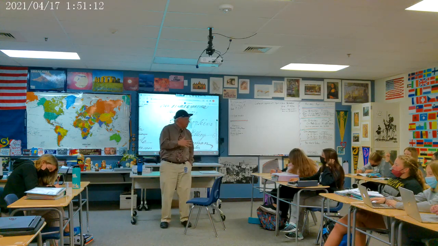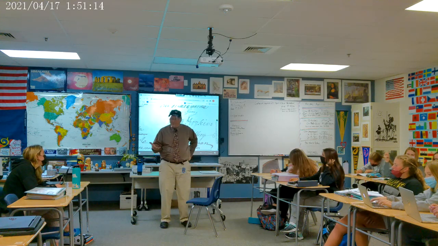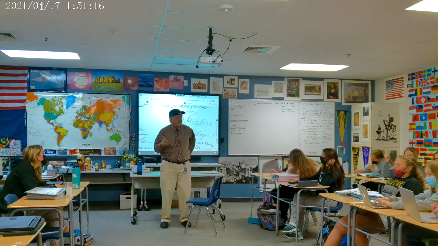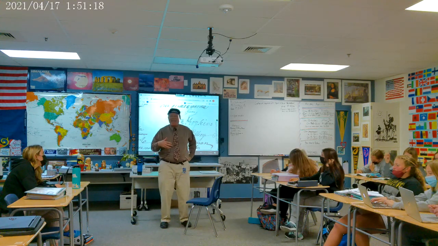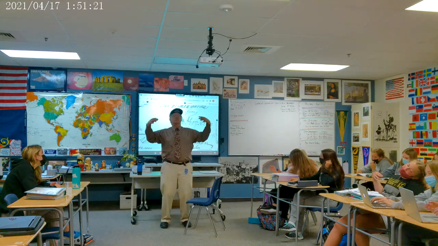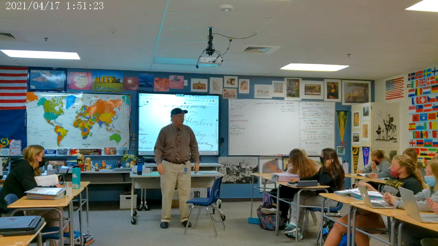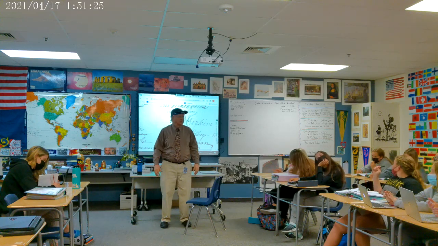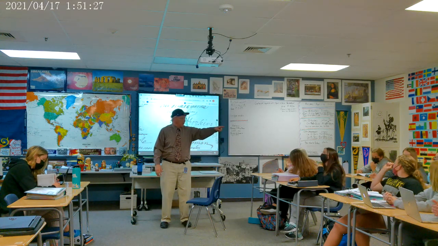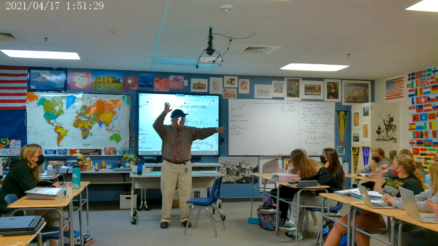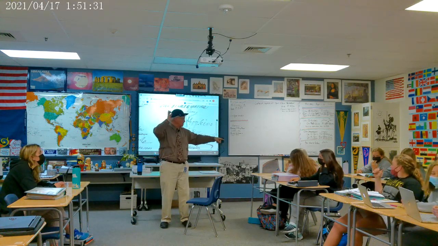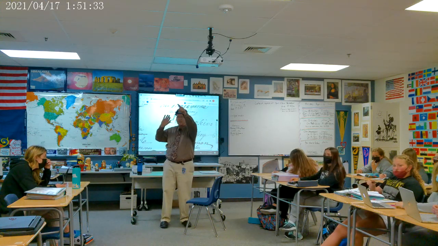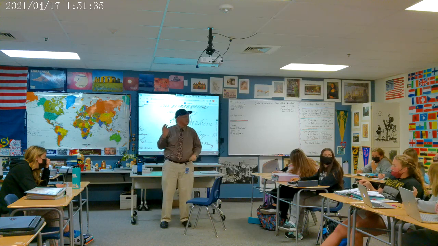So what happened was a committee of 5, and you've got the names of the people in the committee of 5. Raise your hand if you were on the committee of 5 that drafted a declaration stating the reasons why there should be independence. 1, 2, 3, 4, 5.